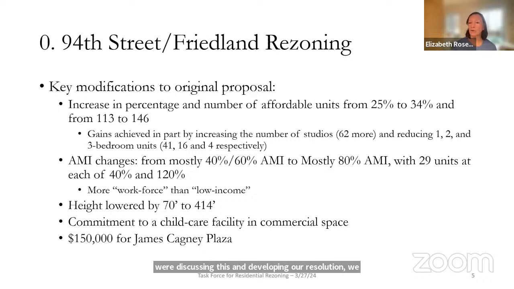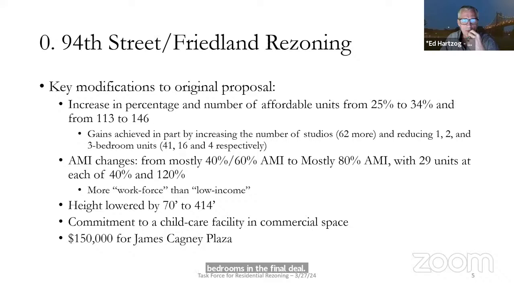I believe our resolution called on increasing the number of larger apartments, particularly 3-bedroom apartments, rather than decreasing them. So in many ways, this negotiation did not have some of the results that any of us were hoping for. And I think the switch from larger apartments to studios is a perfect example of that. You can see here we've detailed the change: 62 more studios than originally planned, and 41 fewer 1-bedrooms, 16 fewer 2-bedrooms, and 4 fewer 3-bedrooms in the final deal.